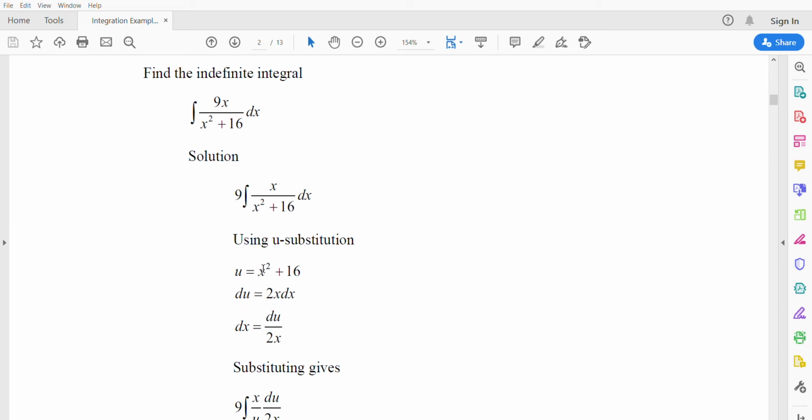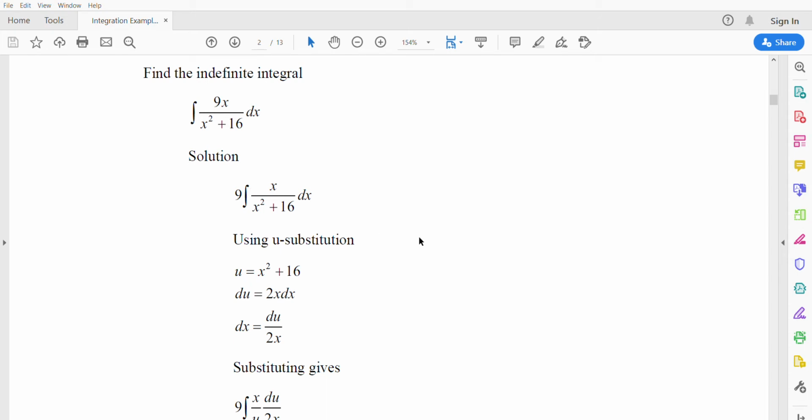So u is equal to x squared plus 16. du, the derivative of u, is going to equal the derivative of x squared plus 16, which gives me 2x times dx. Solving this equation for dx, that gives me dx is equal to du over 2 times x.